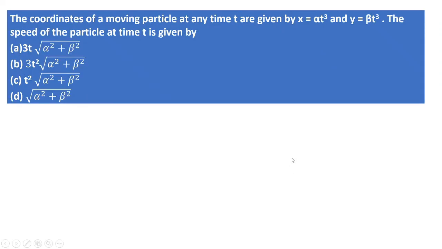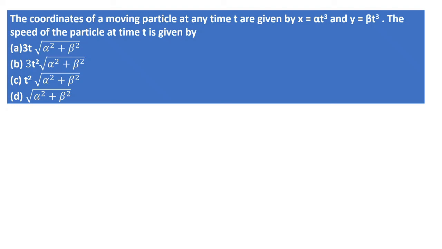Next is: the coordinates of a moving particle at any time t are given by x equals alpha t cube and y equals beta t cube. The speed of the particle at time t is given by, so we have to find out the speed of the particle.